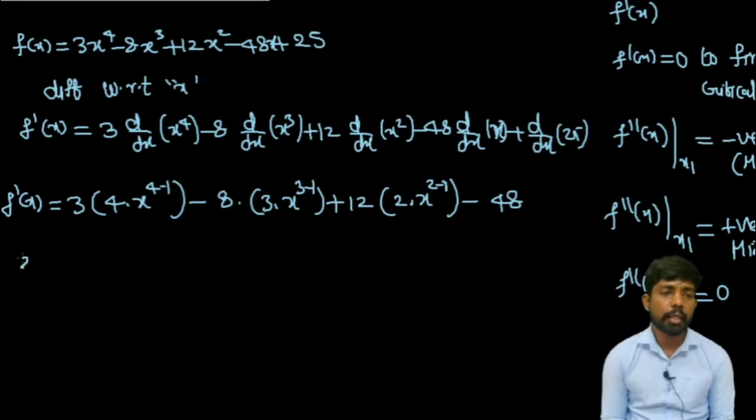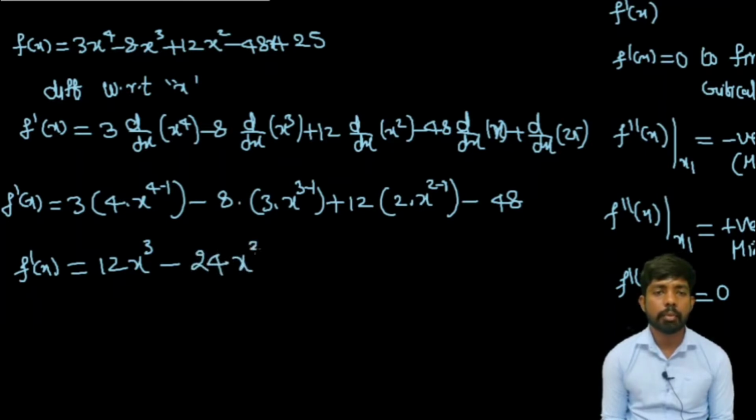Here we are getting f dash of x is equals to 3 4s are 12, 12 x to the power of 3, minus 3 8s are 24 x to the power of 2, plus 12 2s 24 x, minus 48.